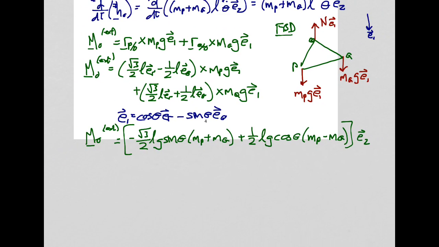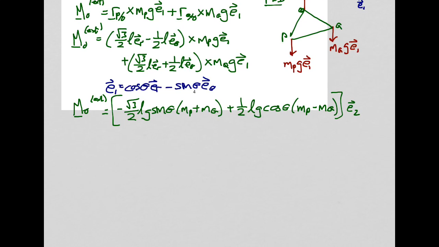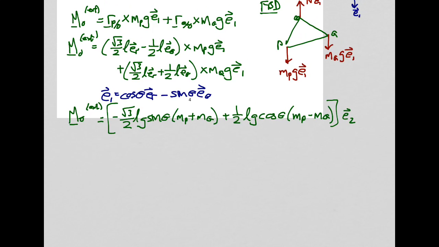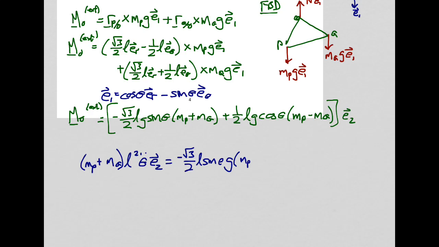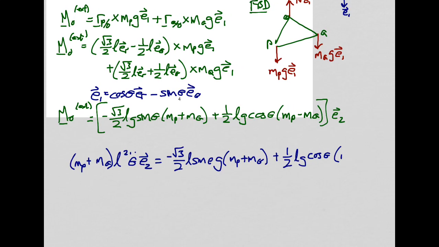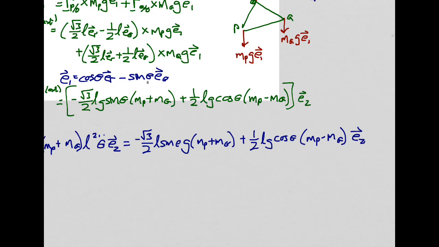So now that we have the entire right-hand side, we set that equal to the left-hand side, and we get (MP + MQ) L squared theta double dot in the EZ direction is equal to negative square root of 3 over 2 L sine theta G sine theta multiplied times (MP + MQ), and then plus 1/2 L G cosine theta multiplied times (MP - MQ). And all this is in the EZ direction.